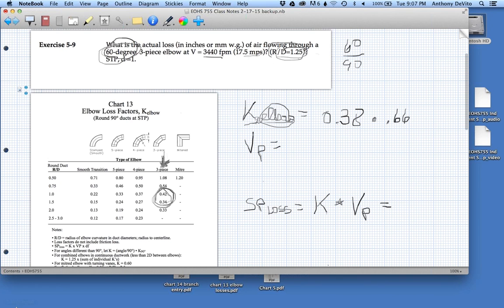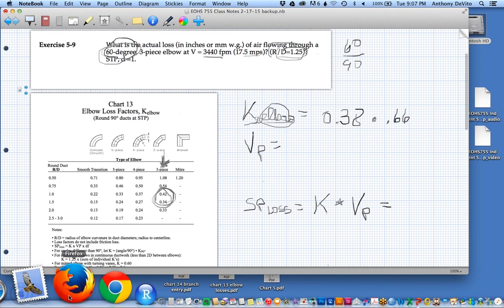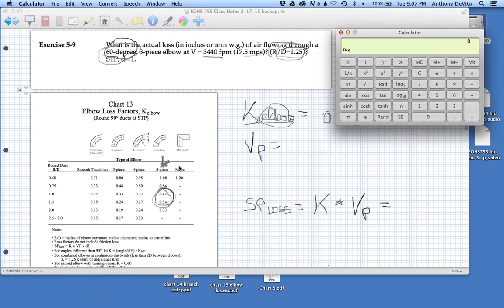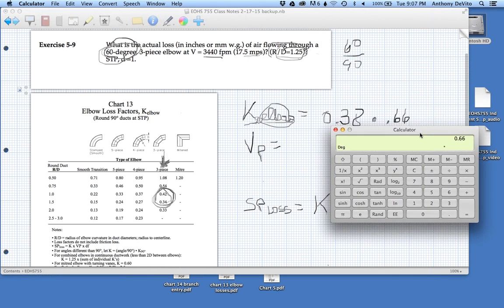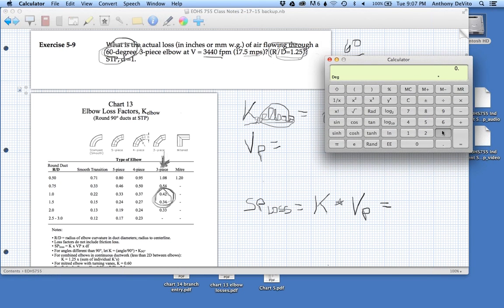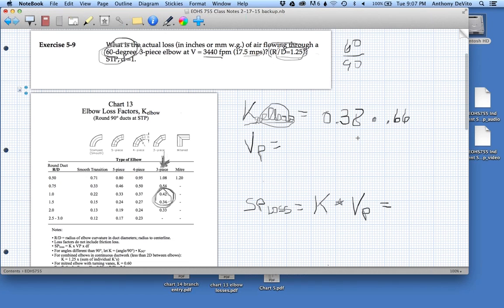Okay, if I multiply by 0.66, we go down here, 0.66 times, what was it again? 0.38. It's going to be equal to 0.25. So my K factor is going to be equal to 0.25. I had to make two accommodations there.